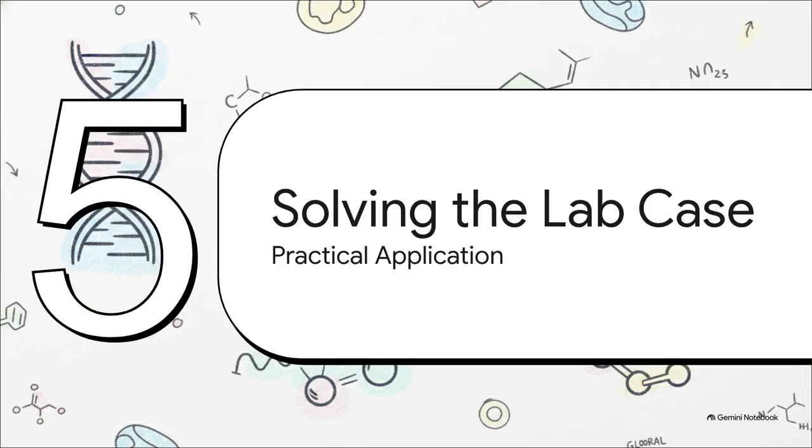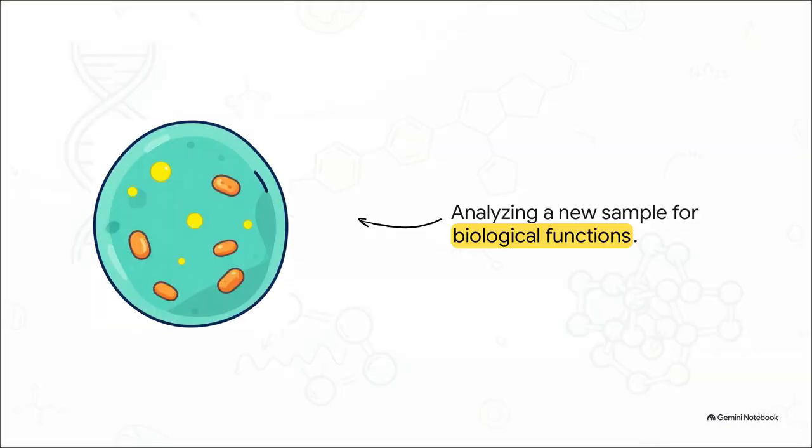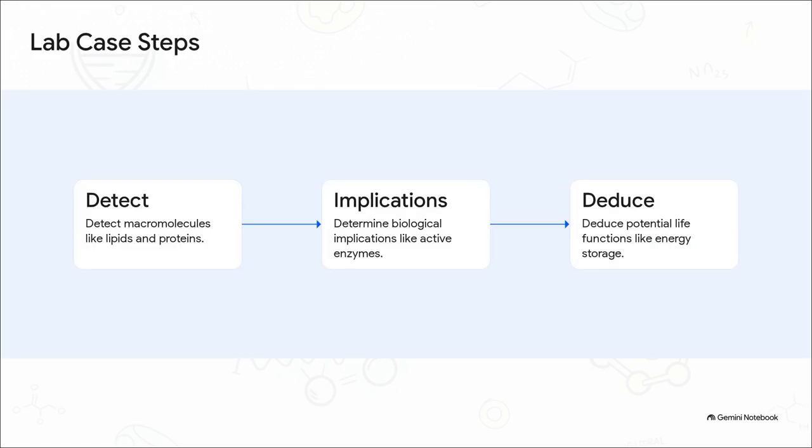Part 5. Solving the lab case. All right, let's put this into practice. We've got a fresh, unknown biological sample straight from the lab, and we need to figure out its biological capabilities. Let's use our new framework to decode what this organism can do, based purely on the chemical fingerprints we can extract from it. Here's the logical breakdown. Step 1. We run the tests and boom, we detect lipids and proteins. Moving to step 2.